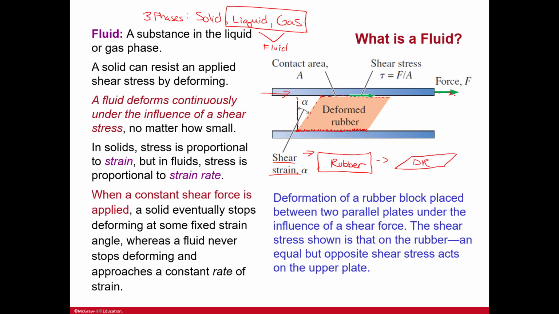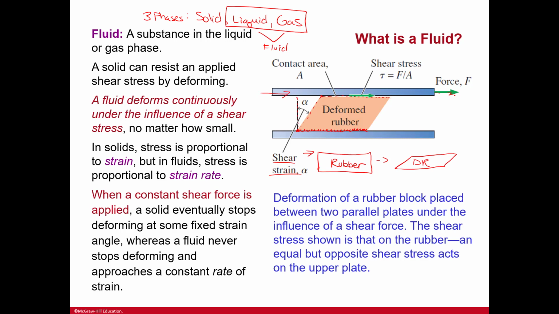A fluid deforms continuously under the influence of a shear stress, no matter how small. So it doesn't just happen all at once. It happens over time, and it's continuous. In solid, stress is proportional to the strain, but in fluids, stress is proportional to the strain rate, right?